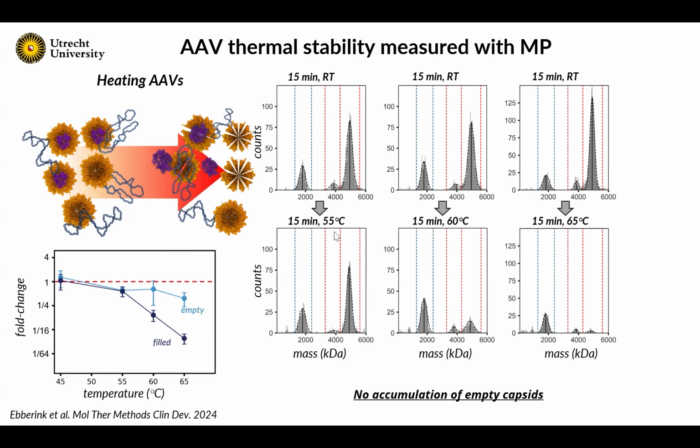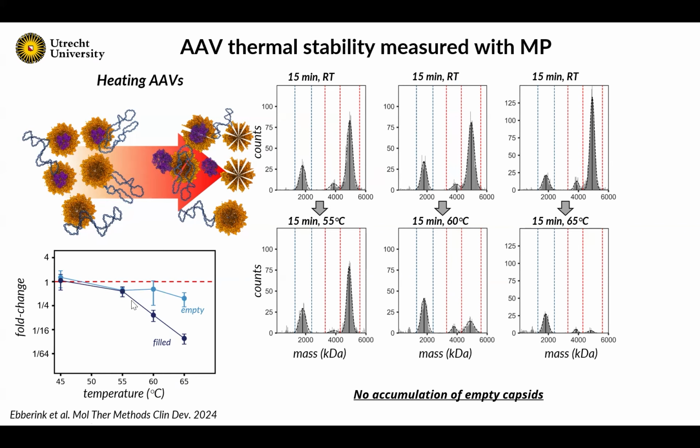We can actually calculate again for all these measurements the fold change that we see in the amount of filled particles and the amount of empty particles, and plot it in a graph like this. Here we have the different temperatures that we measure, and then look at the fold change of either our empty particles or our filled particles.